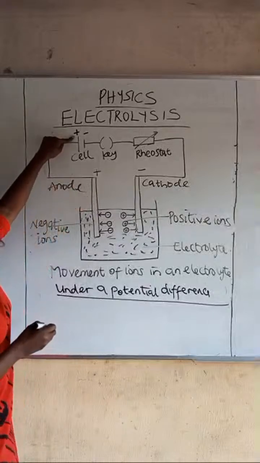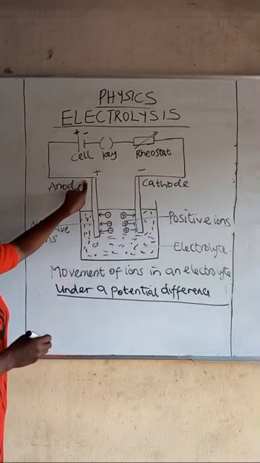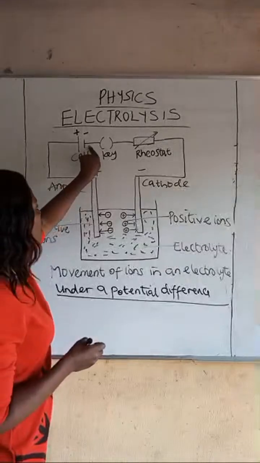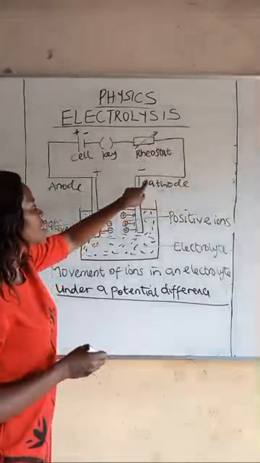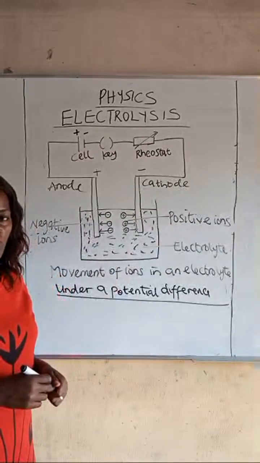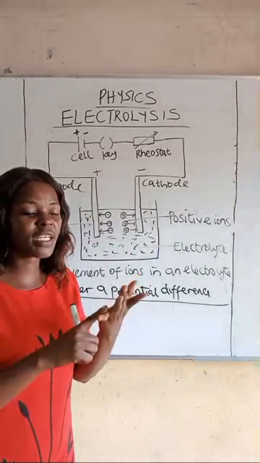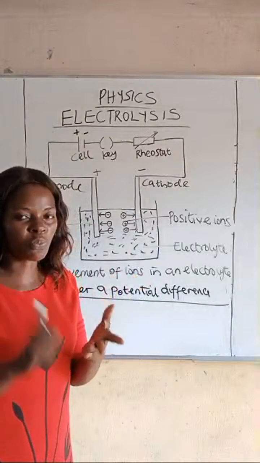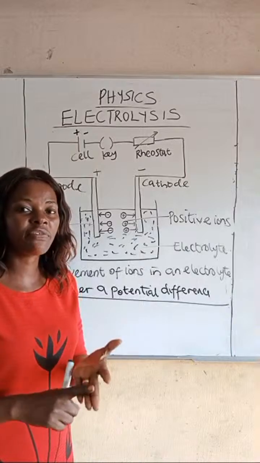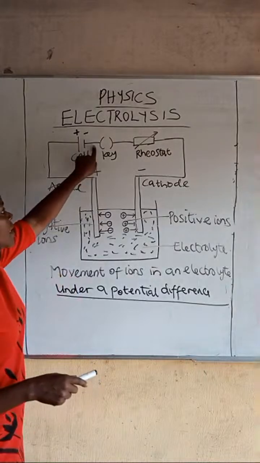The positive terminal of the cell will be connected to the end of the anode, because anode is positive. Then the negative terminal of the cell will be connected to the end of the cathode, because cathode is a negative electrode. So in electricity in general, we connect negative to negative and positive to positive. Don't forget that. With that being said, this is a key.